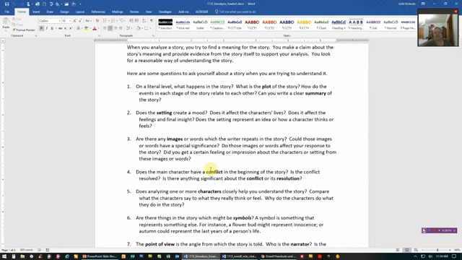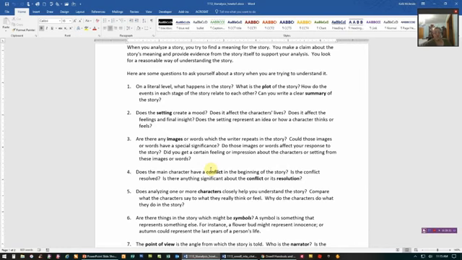What is it about this setting that affects the atmosphere? One of the things is that our narrator is definitely not in his own country. He's a fish out of water. He's outnumbered, and he doesn't really know what he's doing. Those are all really important parts of what happens in the story.